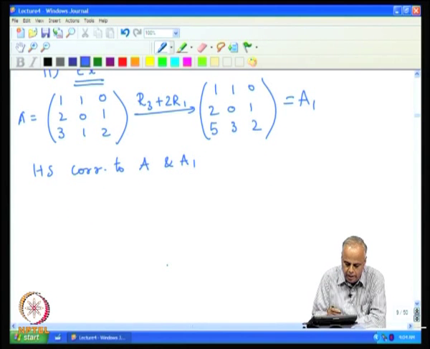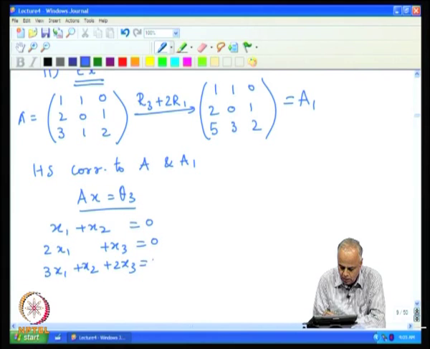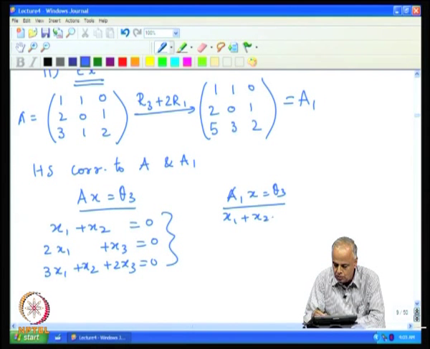So, we have Ax equal to theta 3, now m is 3 in this case. The equations are x1 plus x2 equal to 0, 2x1 plus x3 equal to 0, 3x1 plus x2 plus 2x3 equal to 0. The system corresponding to A1 is x1 plus x2 equal to 0, 2x1 plus x3 equal to 0, 5x1 plus 3x2 plus 2x3 equal to 0.